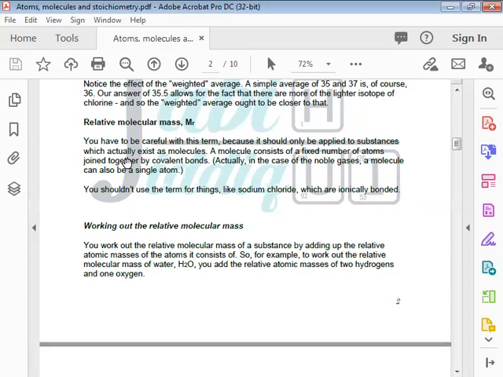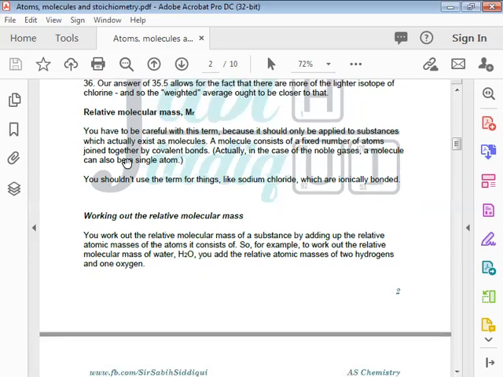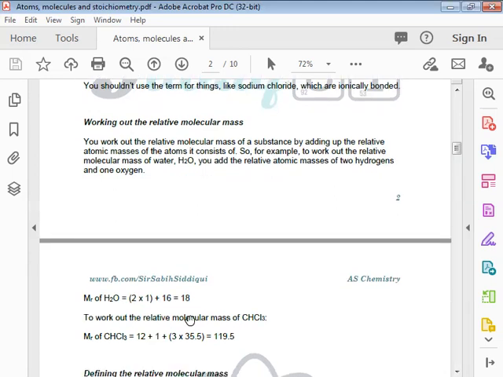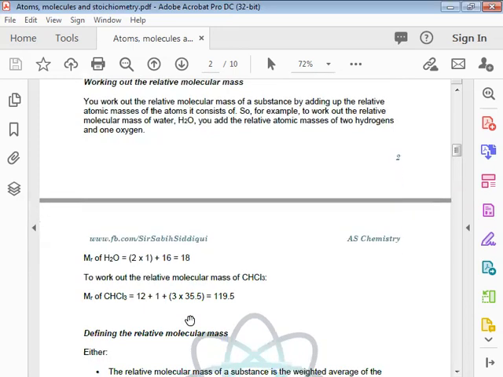So that is relative molecular mass. And how do you find it? You will just add all the relative atomic masses. If I ask you the relative molecular mass of water, so you have 2 hydrogens and you have 1 oxygen, so you get the total relative molecular mass of water, which is 18. Easy. Okay, CHCl3, do it once. Carbon is 12. Figure it out on your own.